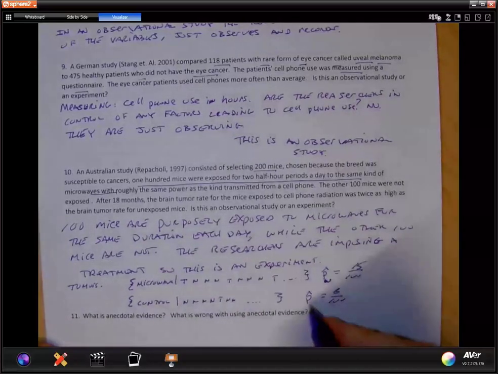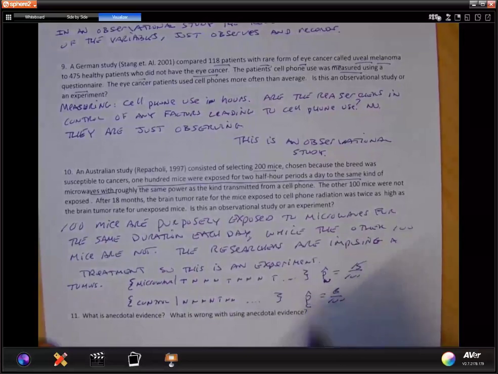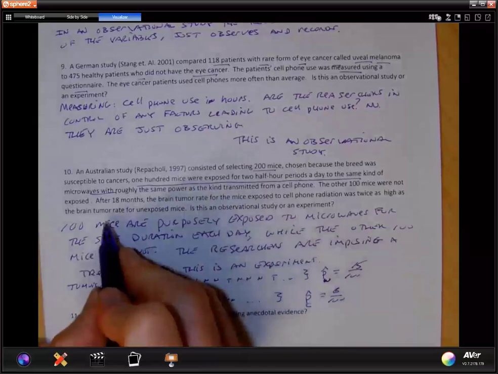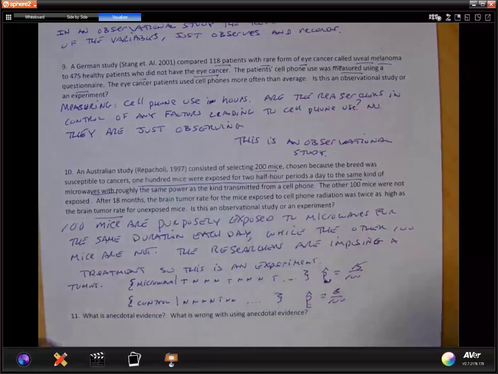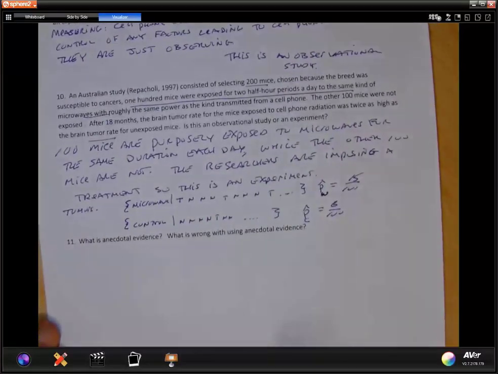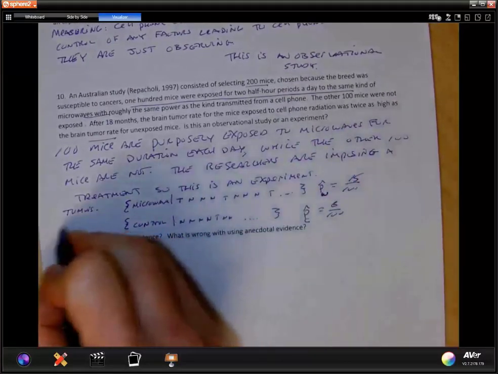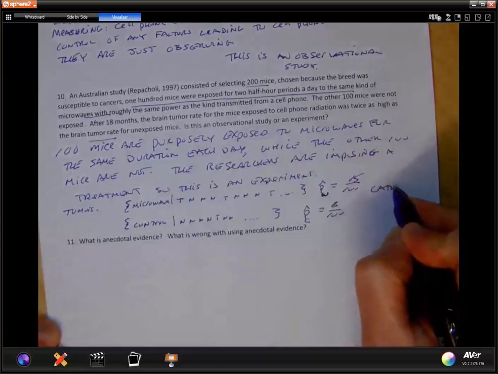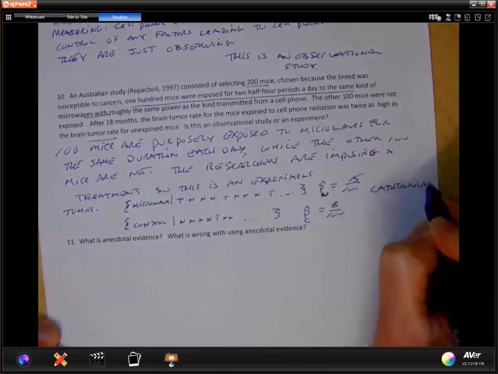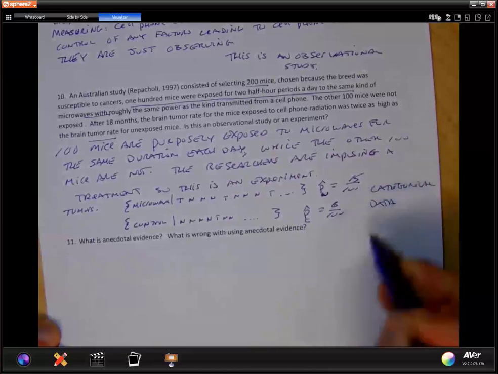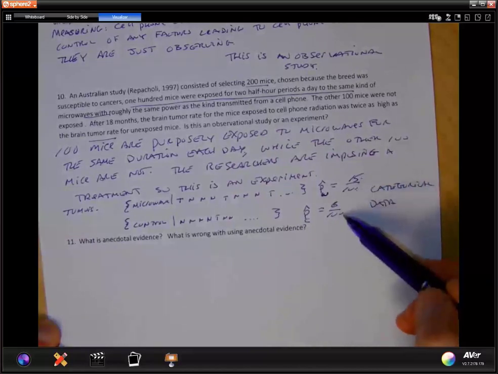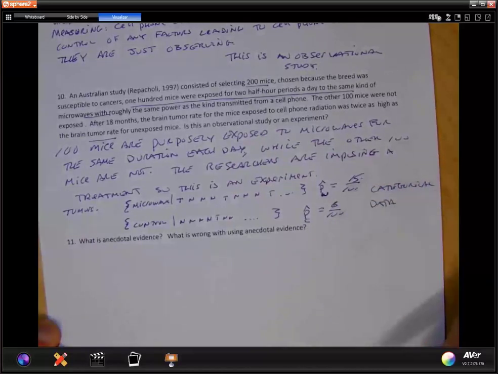Let's call this p hat control, and this is p hat microwave. Again, we're measuring the tumor rate, what proportion of times we see a tumor. All right, let's do the next one here. Notice this data is categorical, and what we're doing is summarizing that data using a proportion.